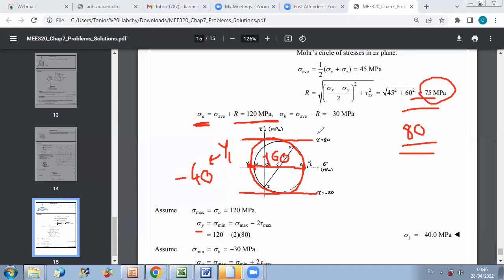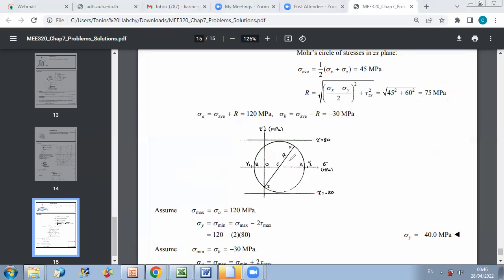The other possibility is that the circle of maximum radius is BY. So the second position of Y is the one for which point A will be between B and Y. The second possible position of Y is on the positive side, and then the BY circle will correspond to the maximum radius. In this case, the distance from B to Y should be 160, which is 2 times 80.